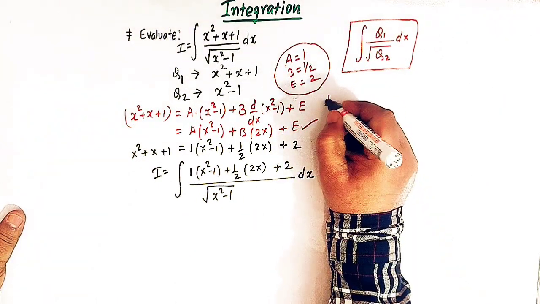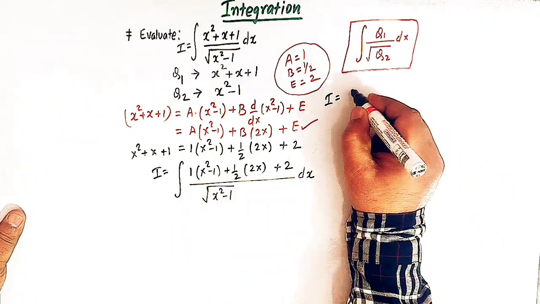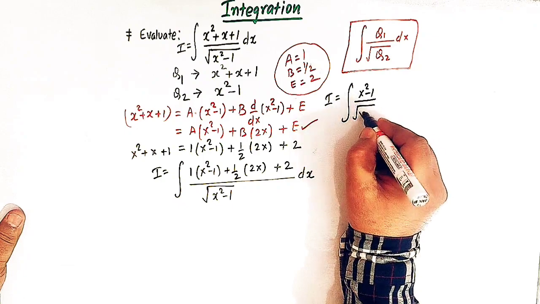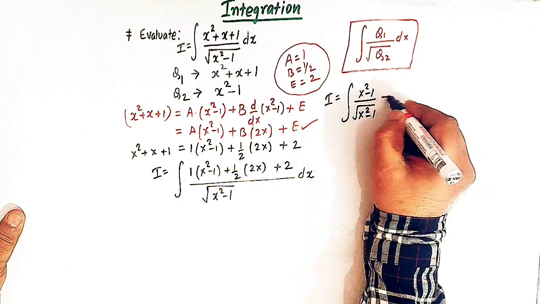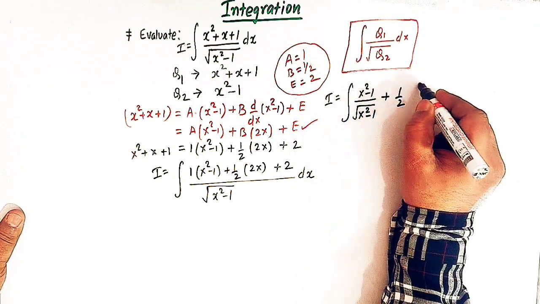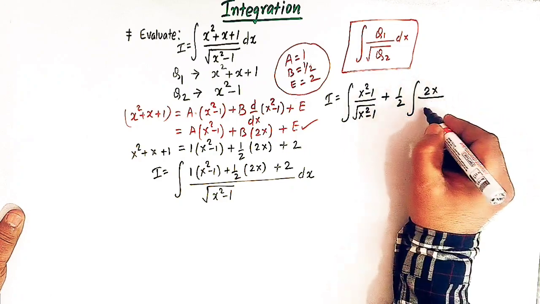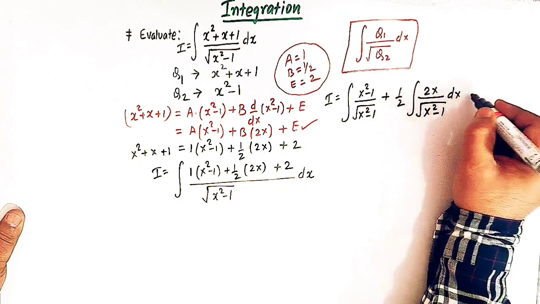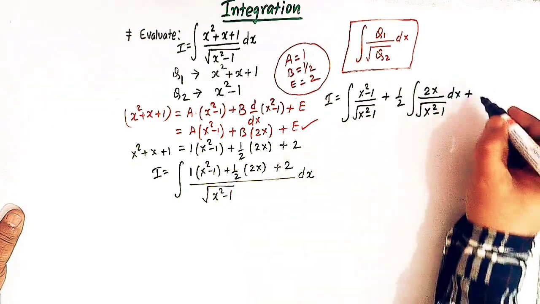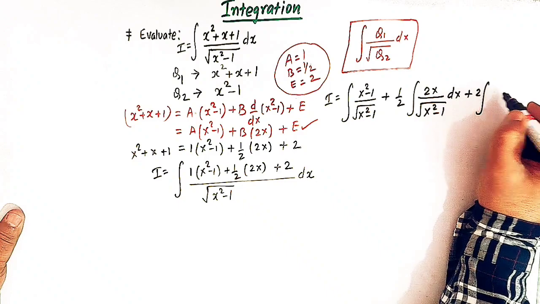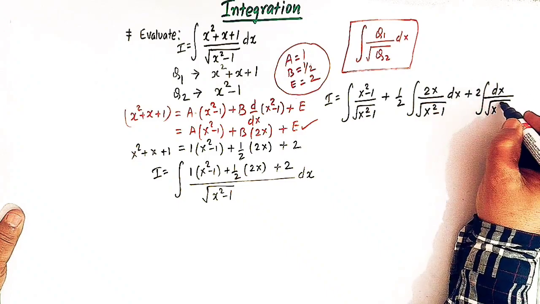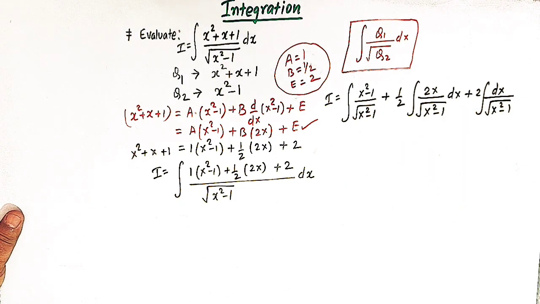So we have I is equal to the integral of (x² − 1) over √(x² − 1), then we have half the integral of 2x over √(x² − 1) dx, and then here we have 2 times the integral of dx over √(x² − 1), right?